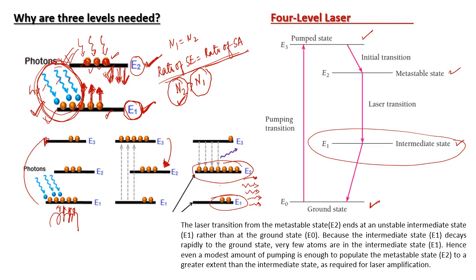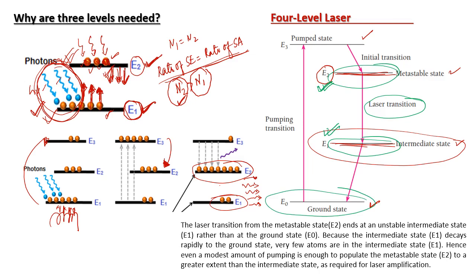Because in the four-level system, the transition from the metastable state E2 ends at an unstable intermediate state E1. Between this state and this state, we are going to have the laser transition. So the population inversion is achieved between E2 and E1, rather than at the ground state E0.